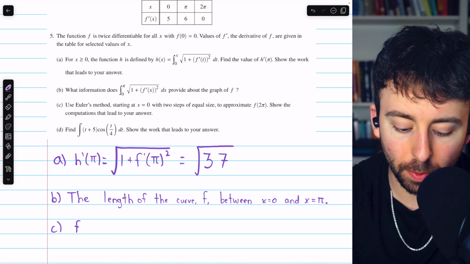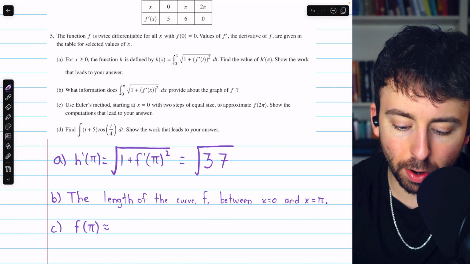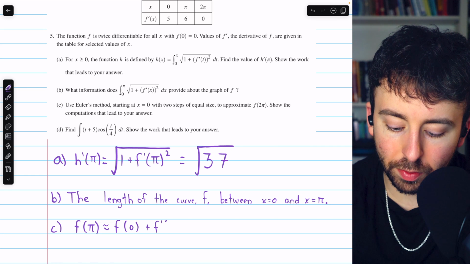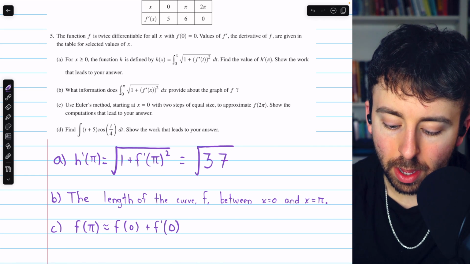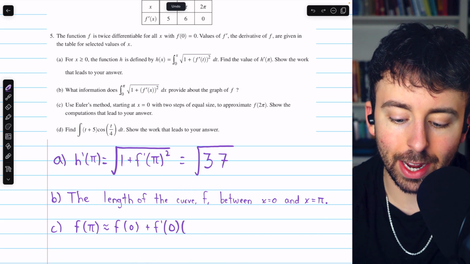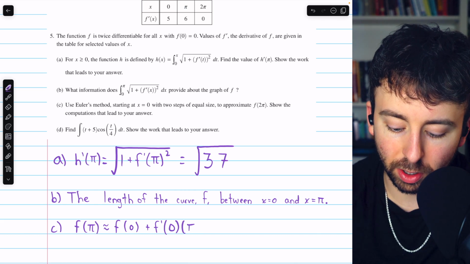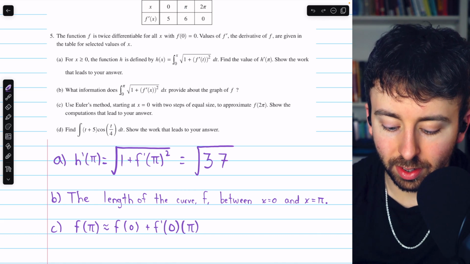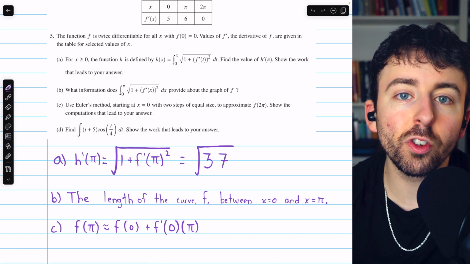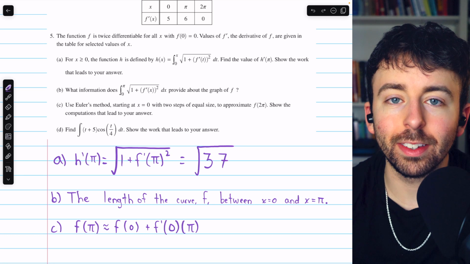So let's write this out. What is f of pi? Well, it's going to be approximately f of 0 plus the rate of change, or the derivative, at 0, multiplied by the change in x when we go from 0 to pi. That change in x, of course, is just pi. The idea, of course, is that the derivative at x equals 0 tells us how much y should increase if we increase x.